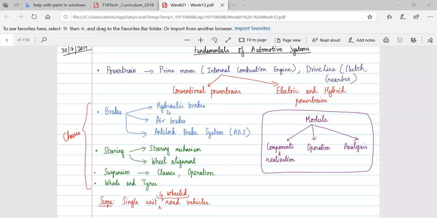Now, the brake is a major system which is required to stop the moving entity, right?